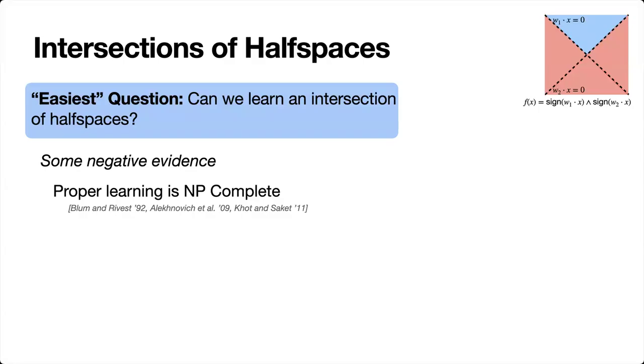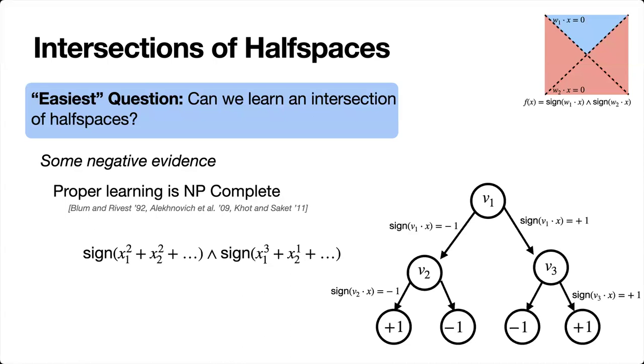But at the same time, if you're allowed to output a general hypothesis, this does not tell you anything about how difficult it is to do. And in particular, there are many other classes of reasonable hypotheses that you might want to learn with. One class is maybe the sign of low degree polynomials. Maybe you'll take the intersection of these, so it's just a slight modification here.